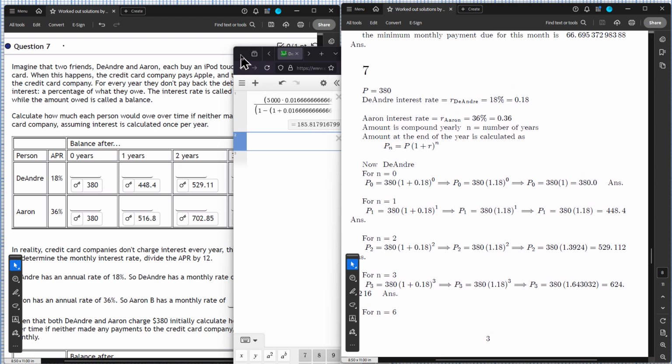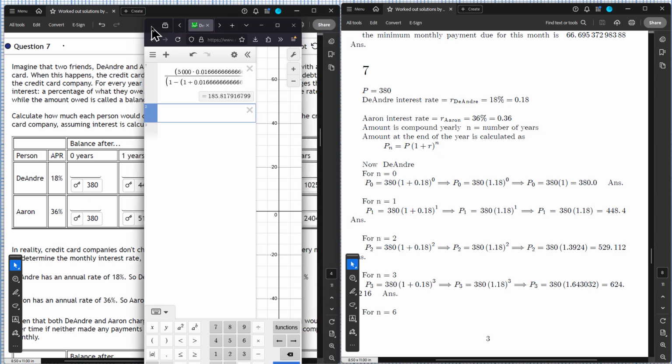So I'm going to put in the second part there: P, open parentheses, 1 plus R, close parentheses, and raise that to the nth power.